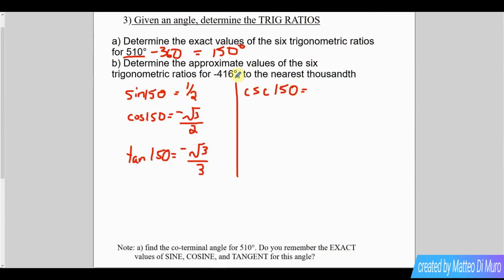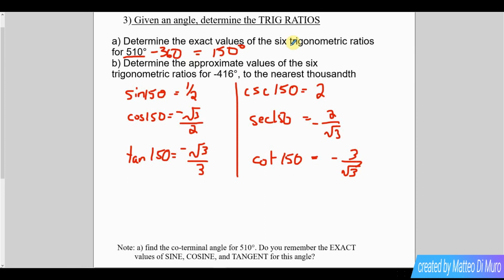So cosecant 150, well, that's going to be 2, just the reciprocal of a half. Secant 150, well, that's going to be the reciprocal of this, so 2 over square root 3, and it's negative. And then tangent is cotangent. That's the reciprocal. So you're going to get negative 3 over square root 3. Okay, so there's part A.